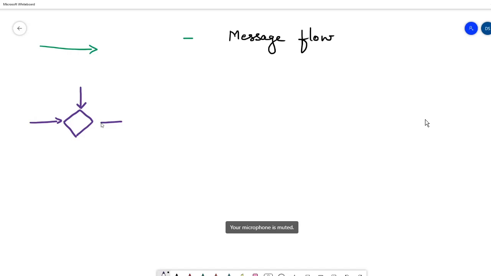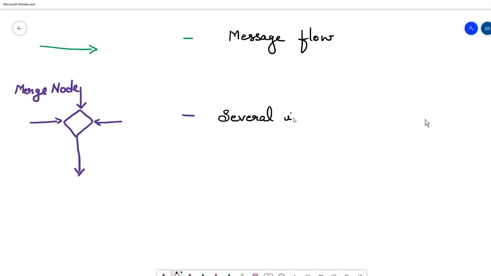So this is the merge node. This would have several inputs and only one output.